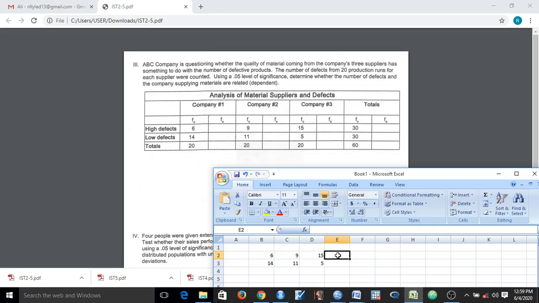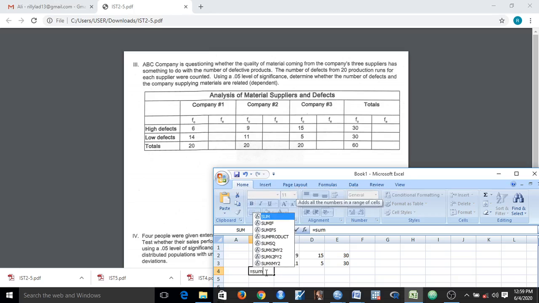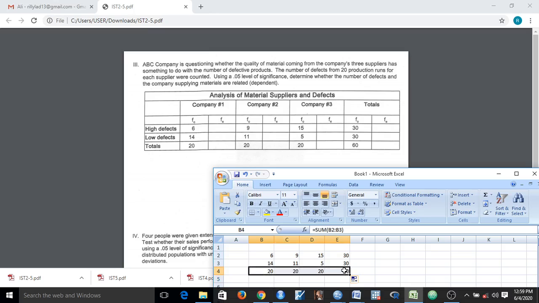The total here is 30, as well as here, and then the total here is 20. So the grand total is 60.